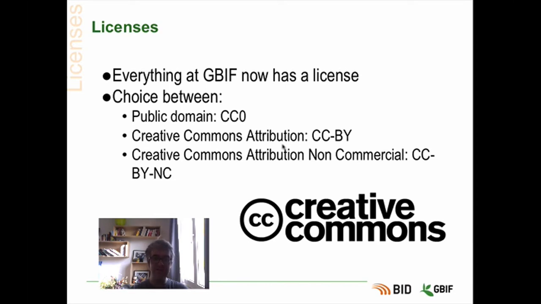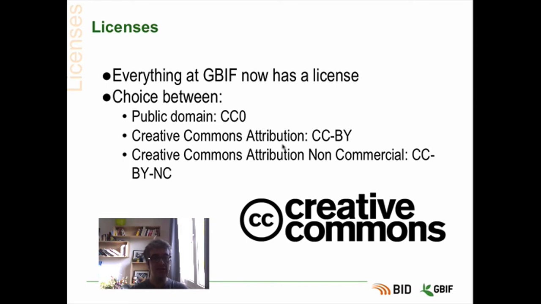Those three licenses are coming from the Creative Commons initiative, which is not specific to GBIF or to biodiversity. So it's a good thing because it's already a well-tested license, and you'll be able to find much information if you want more about that.